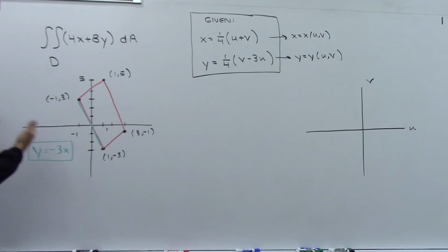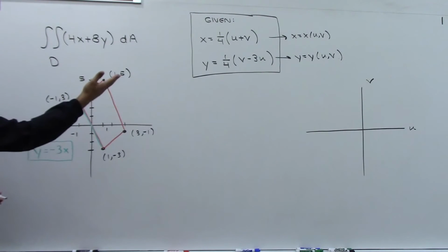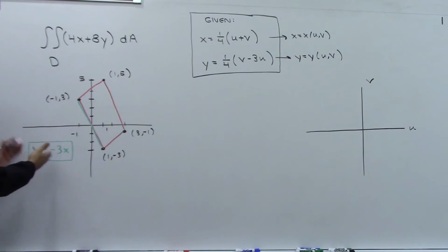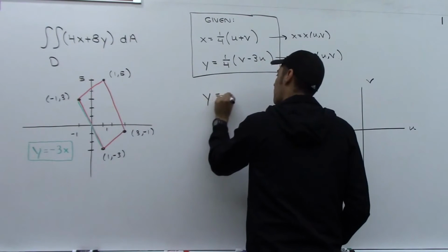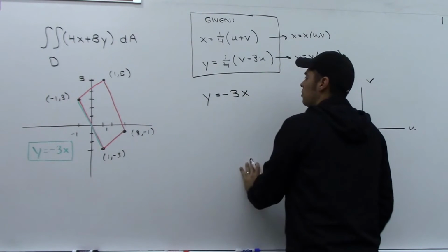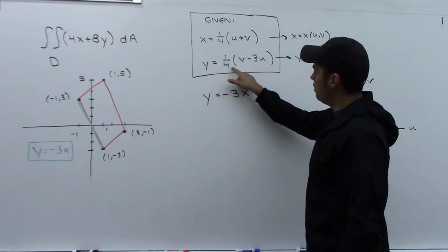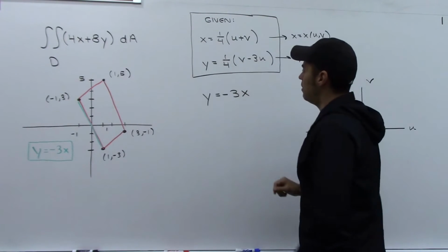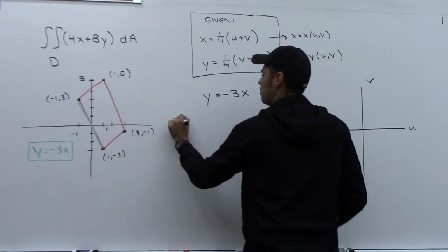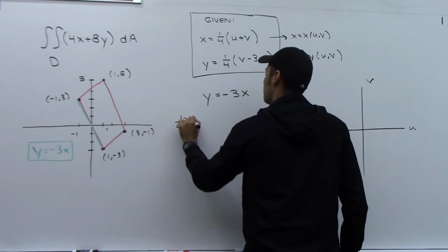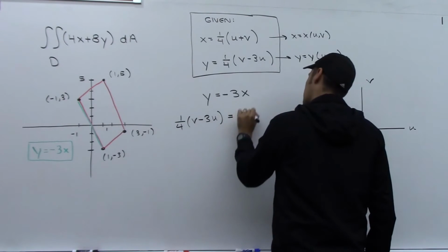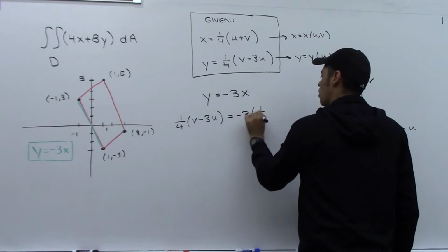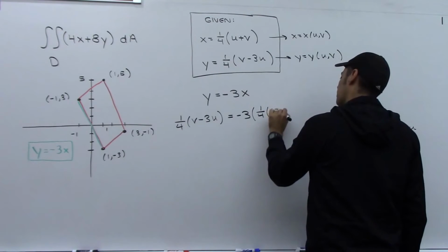So my question is, where does that line go under those transformations? So I'm going to come over here and I'm going to take this equation, y equals negative 3x. And I'm going to replace y with this, and I'm going to replace x with this. So let's see what happens. This left side becomes 1/4 v minus 3u. And that equals negative 3 times x, but x is 1/4 times u plus v.